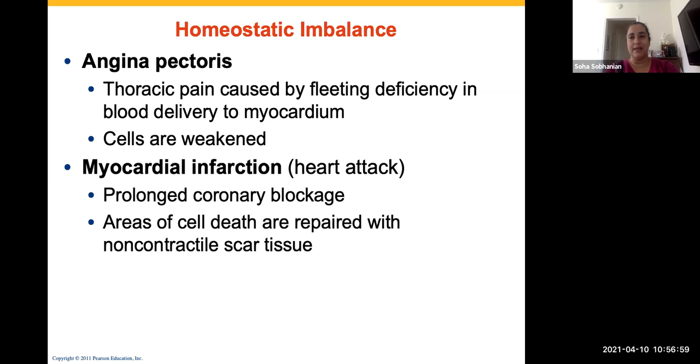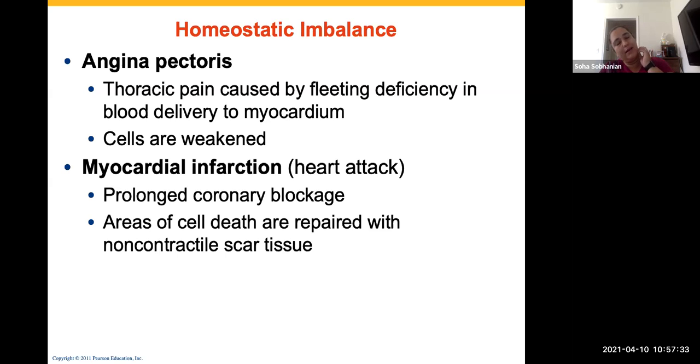That's one way. The second thing, you may have heard of it, is called angioplasty, in which they use a catheter and a balloon in the blood vessel to open up the blockage, which is kind of cool.